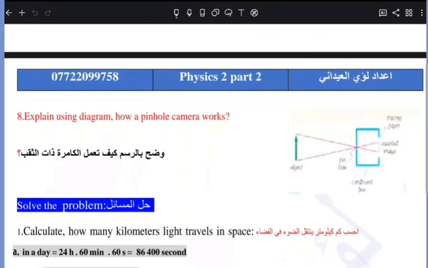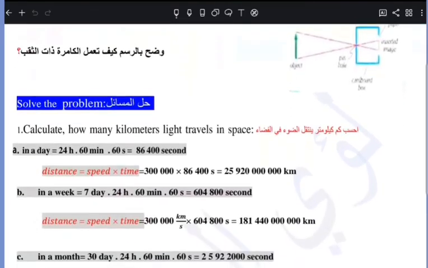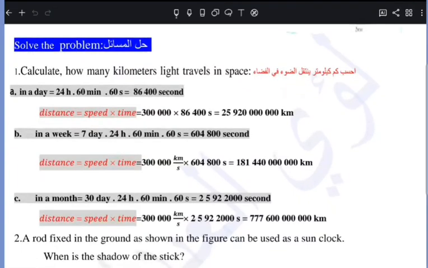Explain, using a diagram, the pinhole camera. I will make this in another lecture. Solve the problem: calculate how many kilometers light travels in space in 1 day.